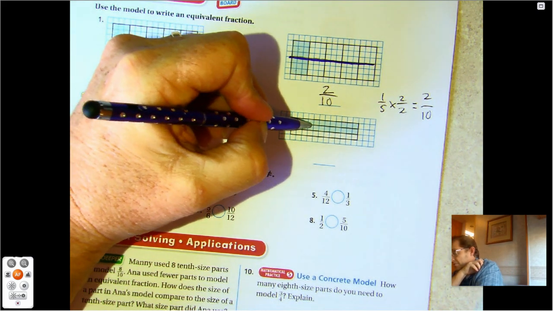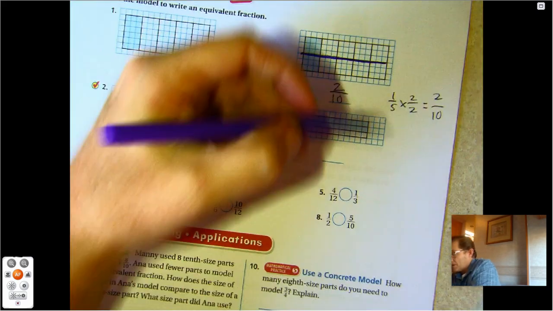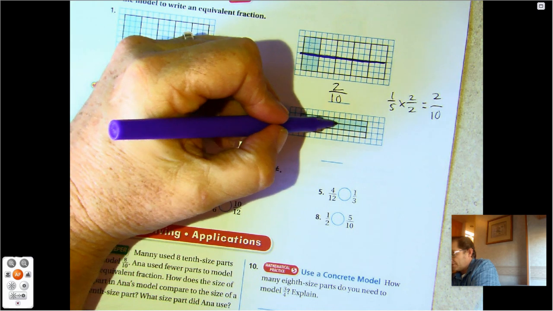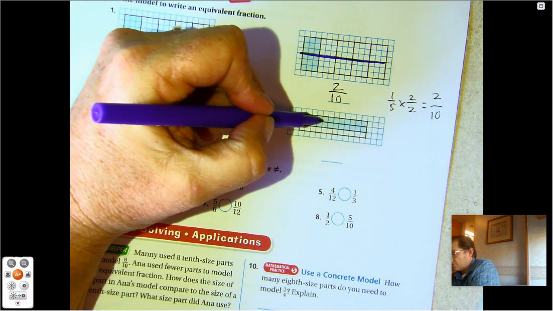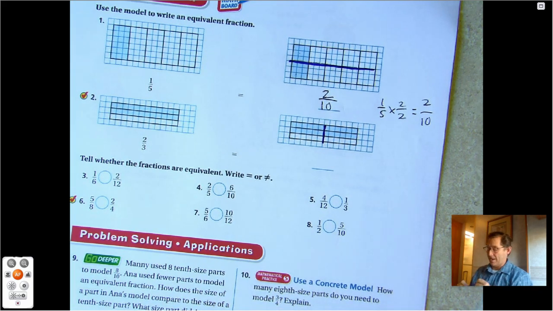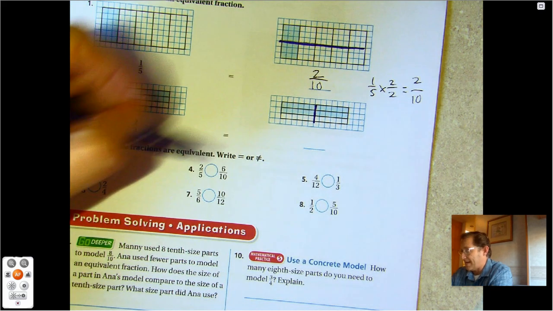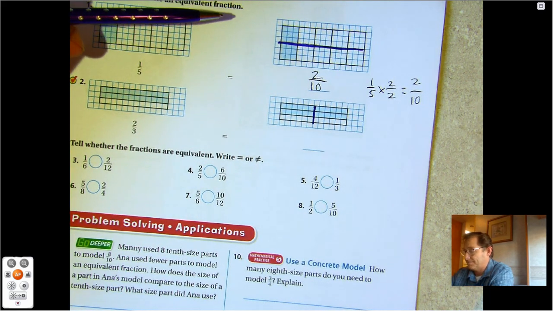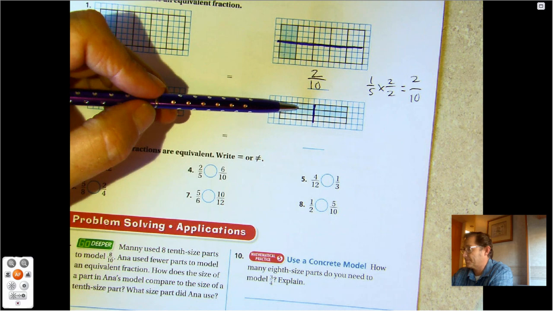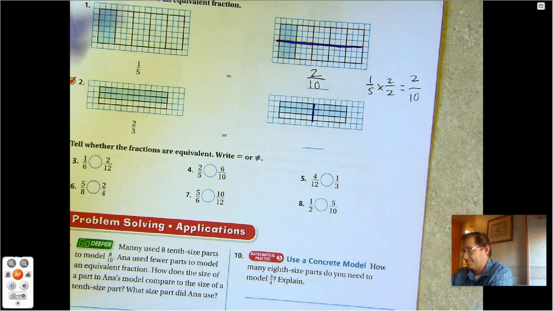1, 2, 3, 4, 5. Okay. So if I divide it that way, I no longer have thirds. I have sixths. 1, 2, 3, 4, 5, 6.